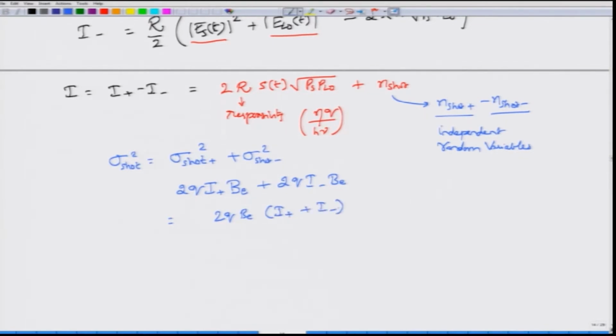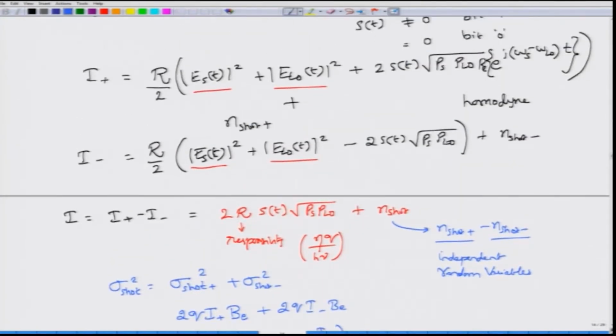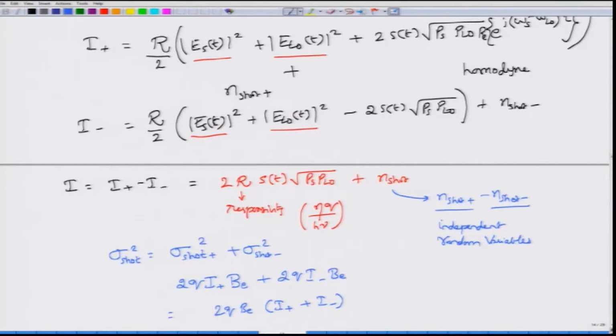Now look at this, here you have I plus and to that you are adding I minus, right. In order to obtain the overall photocurrent you have to subtract the two, but when it gets to the noise variances I plus adds on to I minus, right. So you have an I plus adding on to this, when you add them these terms will vanish, right, because these terms are in opposite signs, so they will vanish.